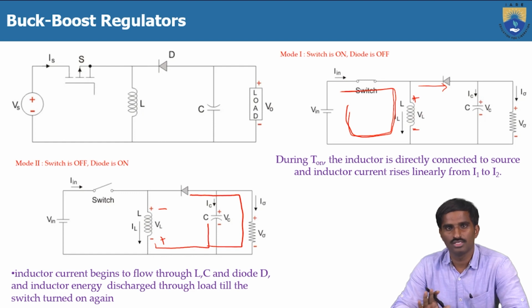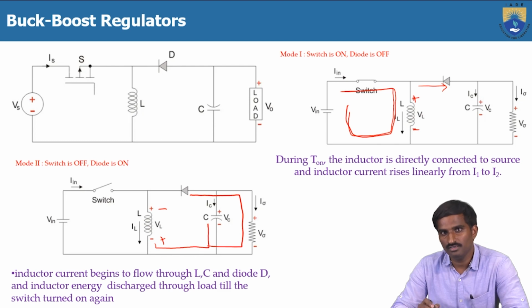There is no such restriction. We can use any one of the power semiconductor switches, either a thyristor, IGBT, MOSFET or BJT, in a normal DC to DC converter.